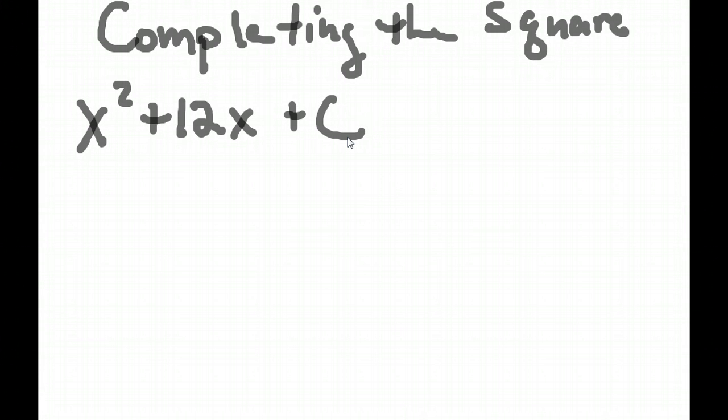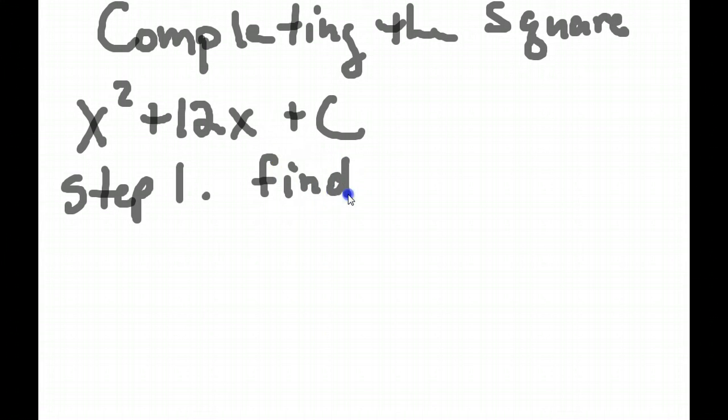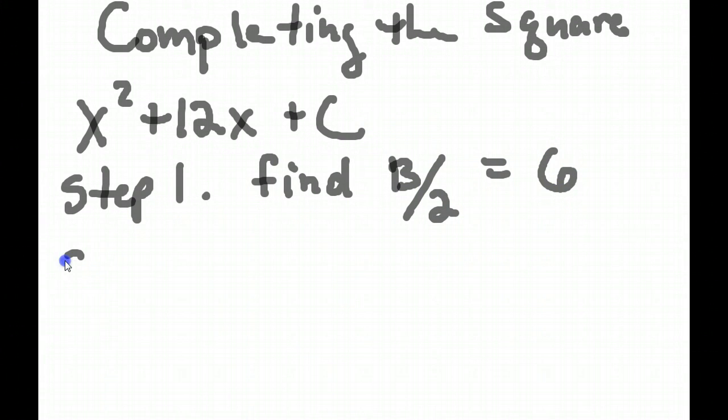So let's look at the steps. There are 3 steps. Step one, find half of your b term, so you do b divided by 2. It's 6. And then step 2, square the result of step 1.